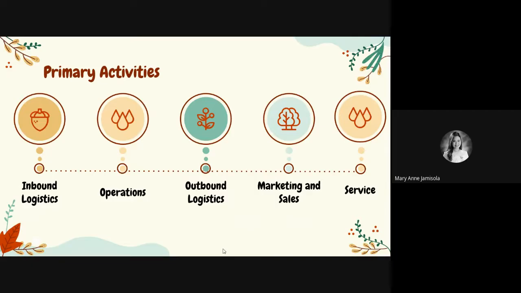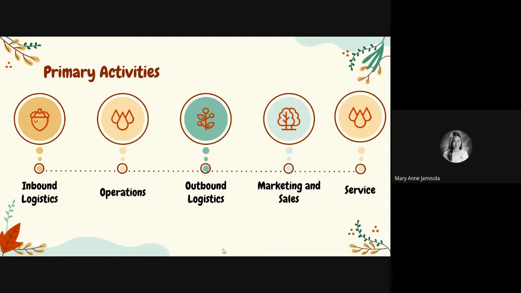Primary activities include the following: inbound logistics, operations, outbound logistics, marketing and sales, and service. For inbound logistics, these are activities concerned with receiving, storing, and distributing the inputs, which we call raw materials, to the production process.